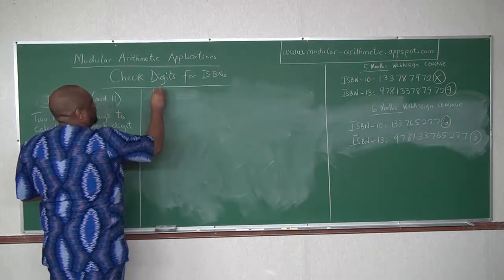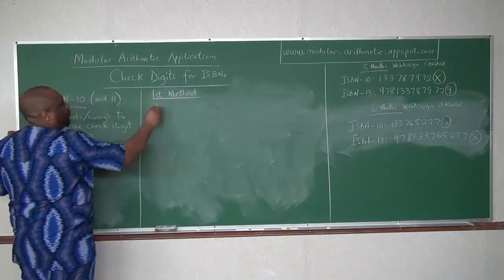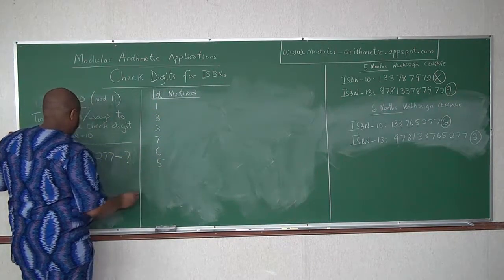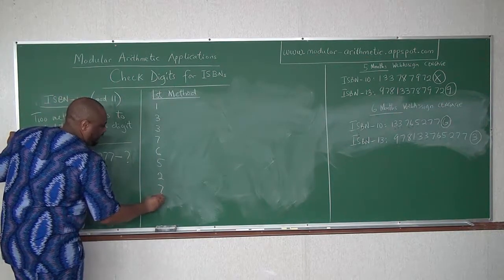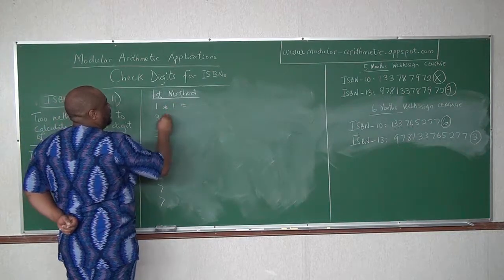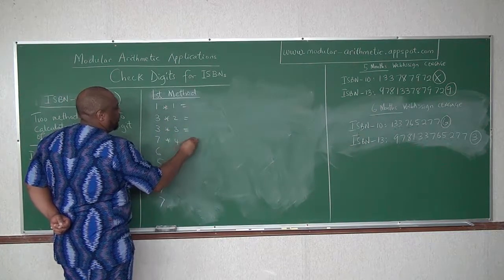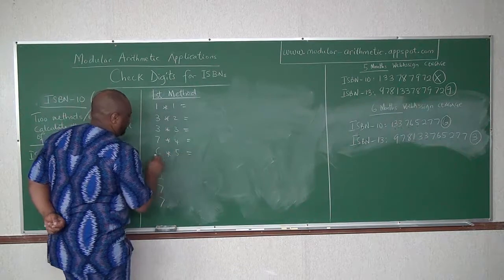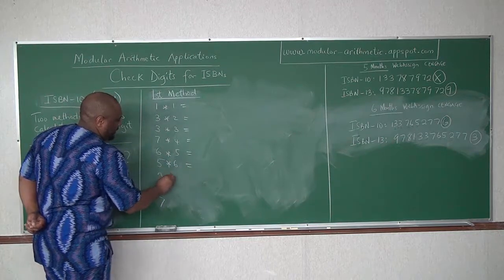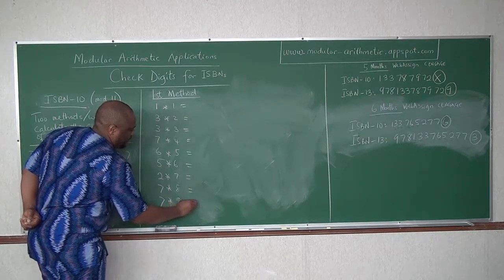So first method for ISBN-10, we write the whole thing, 133,765,277, and we have it times 1, times 2, times 3, times 4, times 5, times 6, times 7, times 8, times 9.